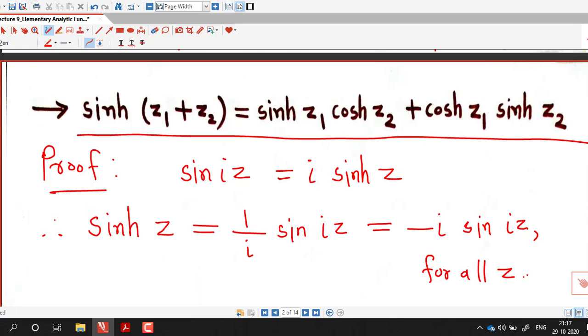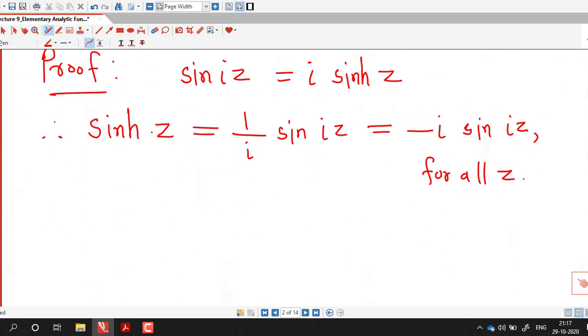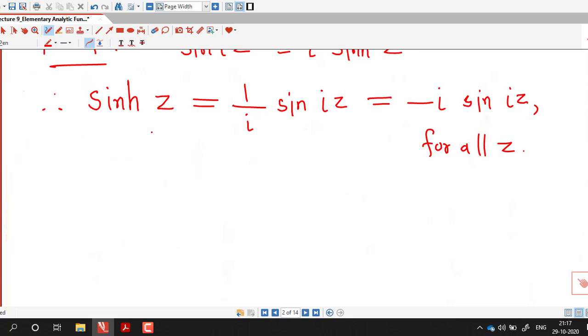This is true for all complex numbers z. So instead of z we have z1 plus z2. We replace z by z1 plus z2 to find out this sin hyperbolic of z1 plus z2.